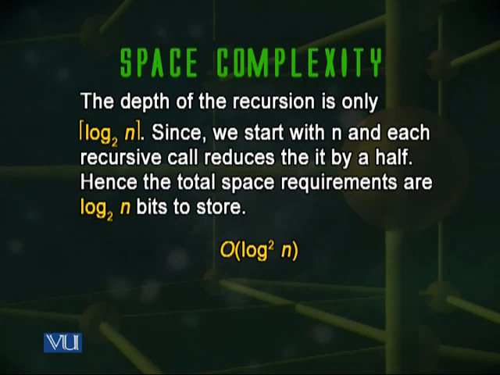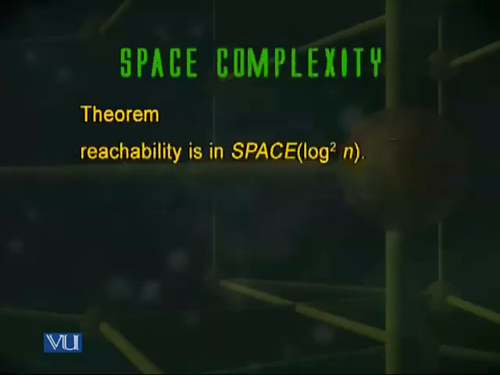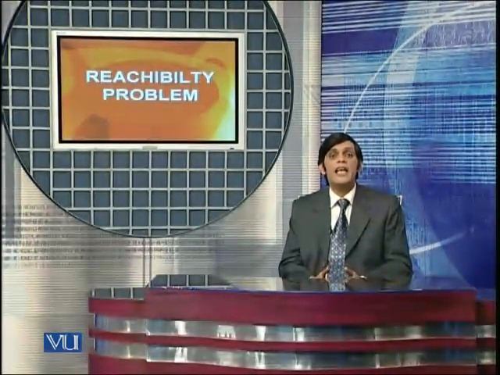So what we have done is analyze this program, and we've proved the following theorem. Reachability is in space log squared n. And this is a deterministic algorithm. So what we have shown is that the problem of reachability can be solved in order log squared n space.